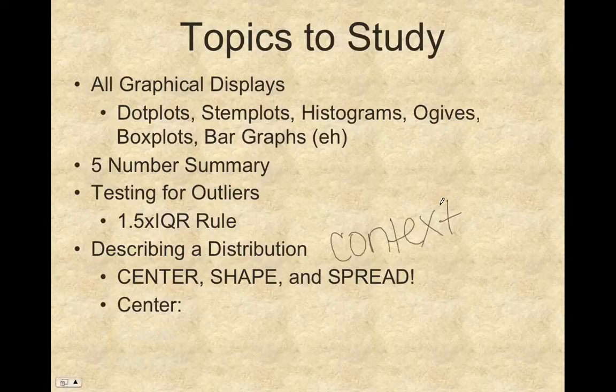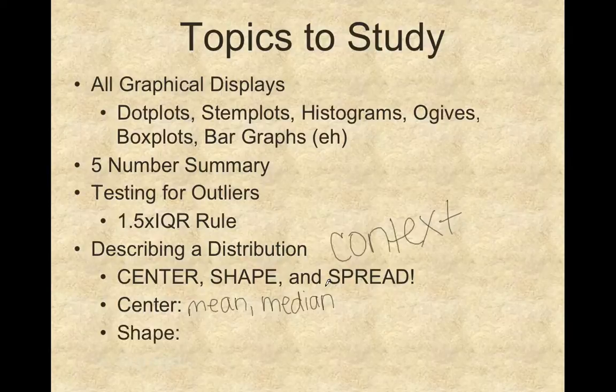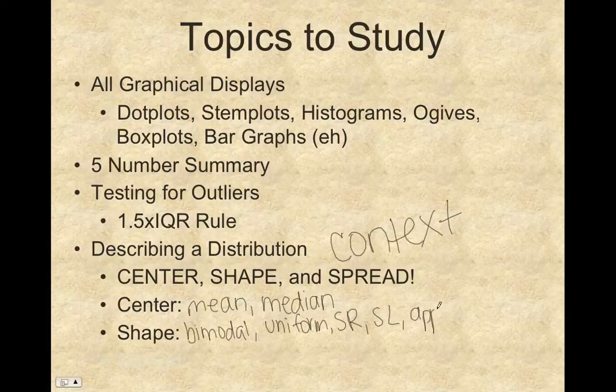So our measures of center, what were those? Those were mean and median. So whichever of those is easier for you to find. Shape, our possibilities were what? Bimodal, uniform, skewed right, skewed left, and approximately normal.